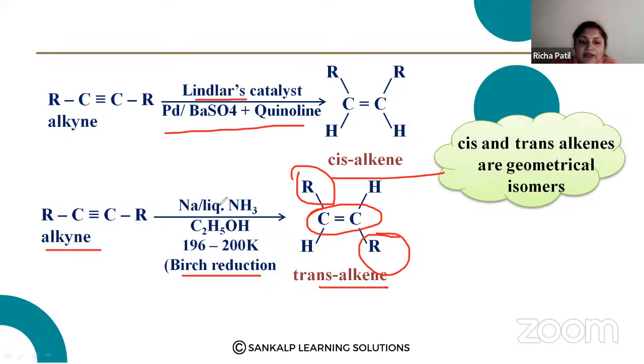From alkyne, if you take sodium in liquid ammonia in the presence of ethanol, at about 100 Kelvin, that is Birch reduction, to trans alkene.